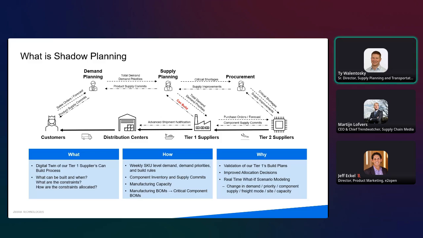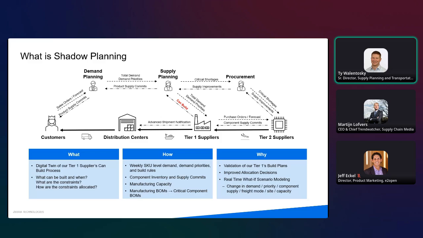Finished goods demands, component inventory, future component supply, manufacturing capacity, and then also the manufacturing BOMs, right? And I know we talked about this a bit. This is in some of the challenges we'll go through.